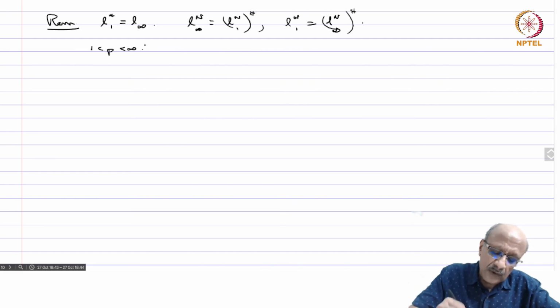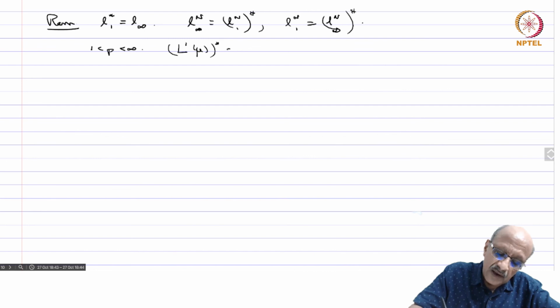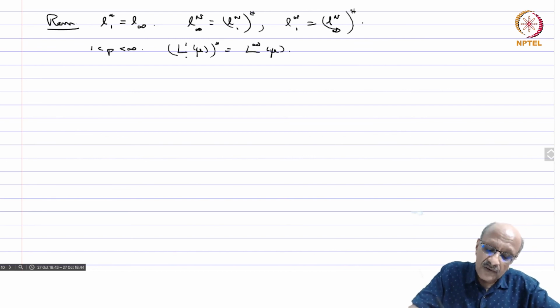But if you want to show that L1 mu star equals L infinity mu, this can also be done. Now this involves very complicated, long measure theoretic arguments. In fact, it's a package deal. This is proved, and simultaneously Lp mu star equals Lp star mu is also proved.